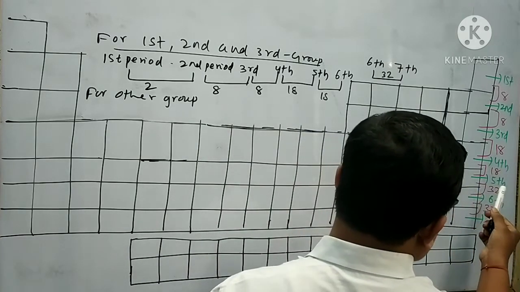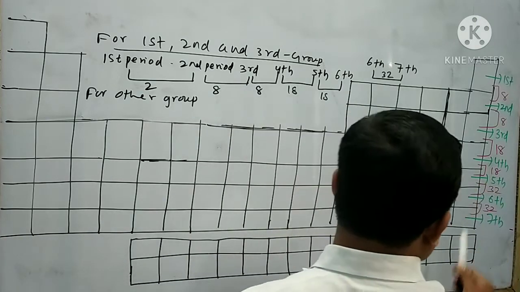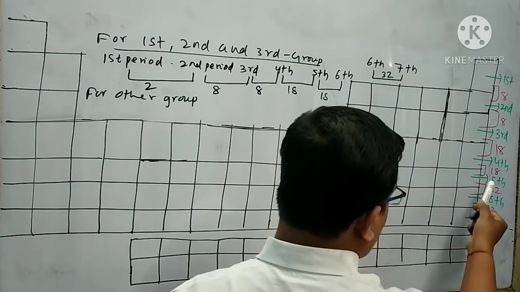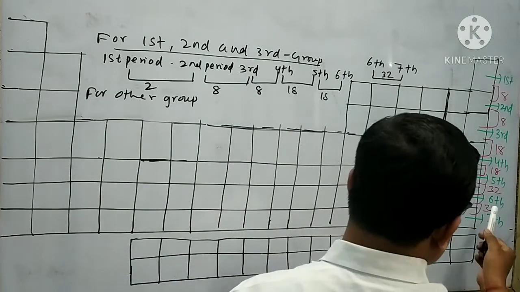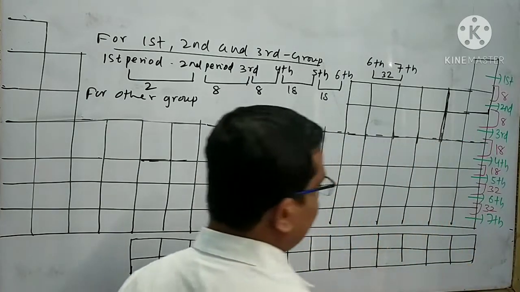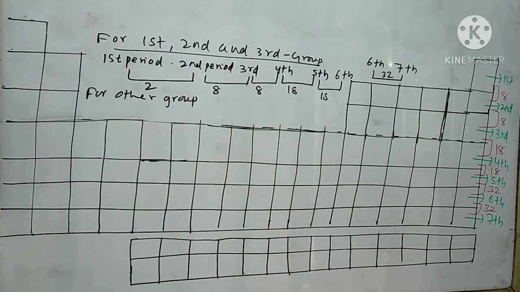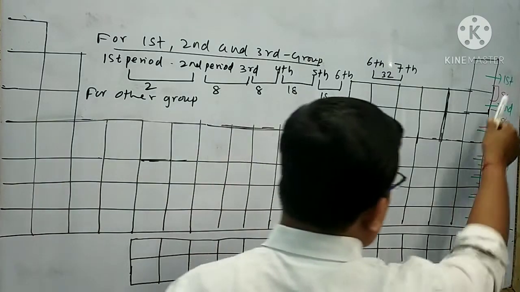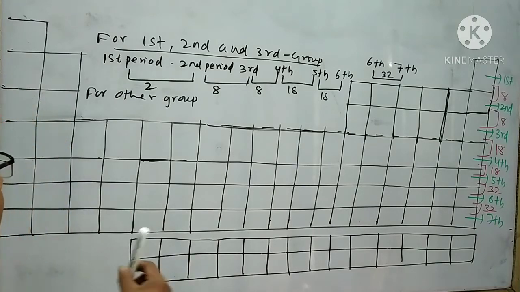From the fourth to the fifth period, we use 18. From the fifth to the sixth period, we use 32. From the sixth to the seventh period, we use 32. The earlier trend is only for the first, second and third group, and this trend is used for all the groups except the first, second and third group.